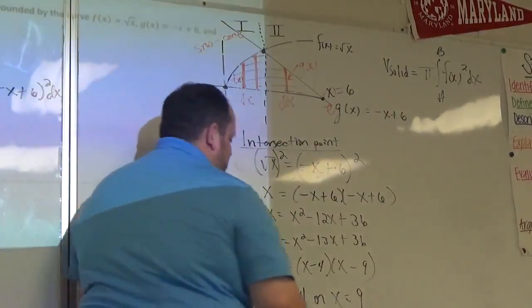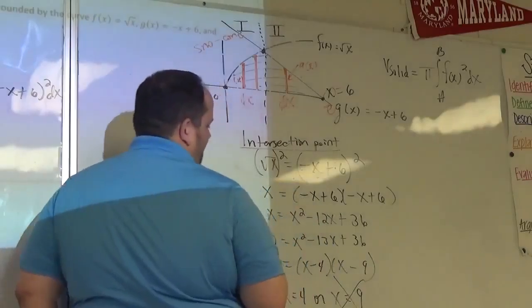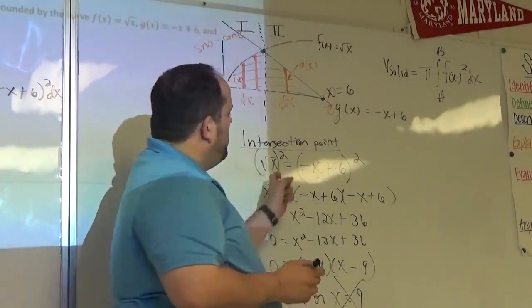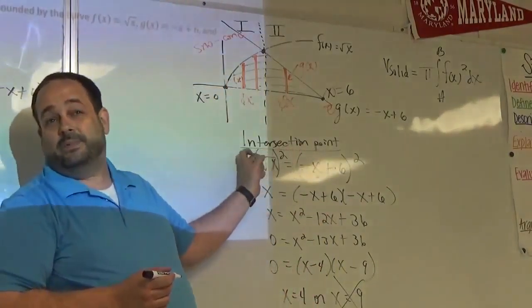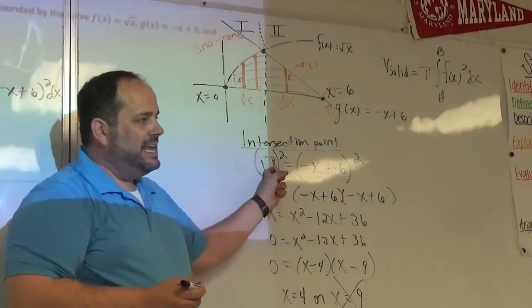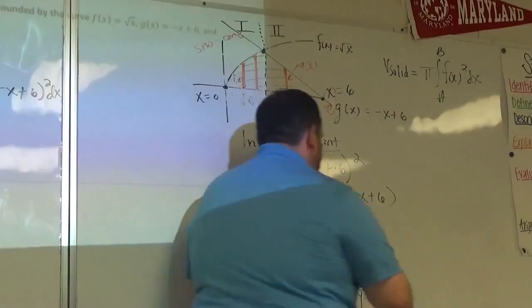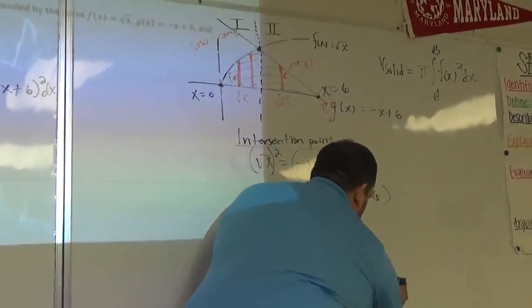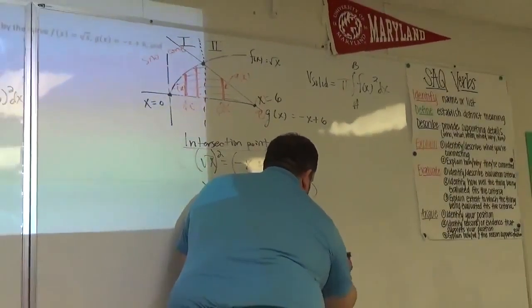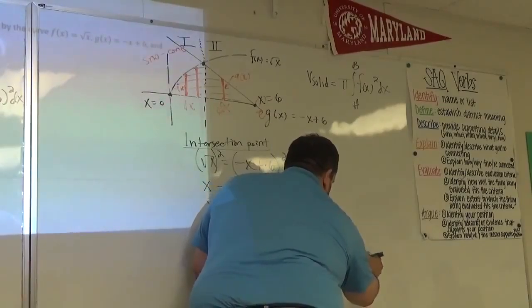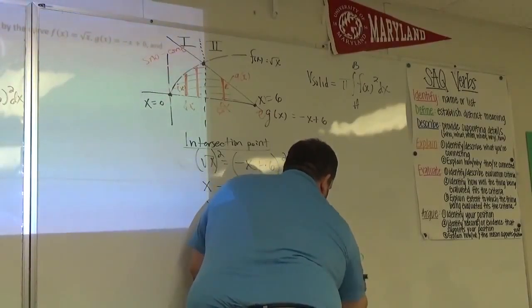What happened with x equals 9? This is more of an algebra thing than a calculus thing: when you square both sides, sometimes you bring in solutions that aren't actually solutions. The fancy word for this, so you can impress your friends in college, is extraneous solution. We learned that back in algebra.